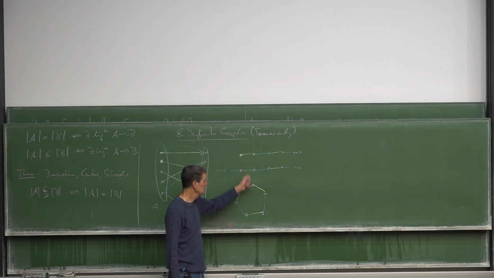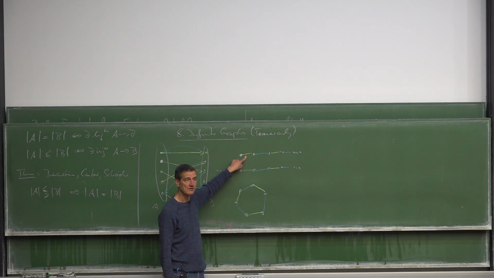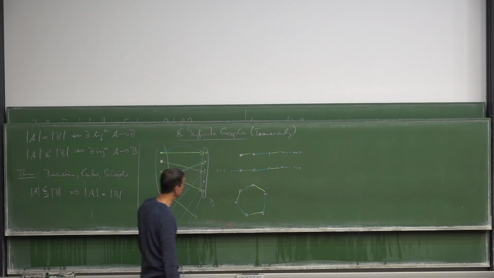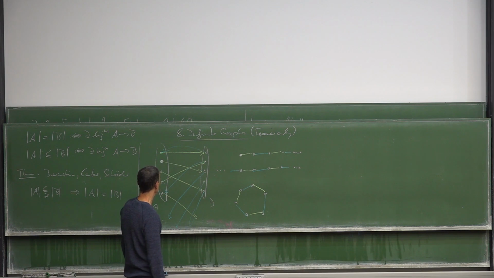So the selection of the green or the blue edges here involves a choice. Here, it doesn't involve a choice. It's clear what we have to do. And when I say involves a choice, this is what the set theorists among you will notice is potentially problematic, but not for us.